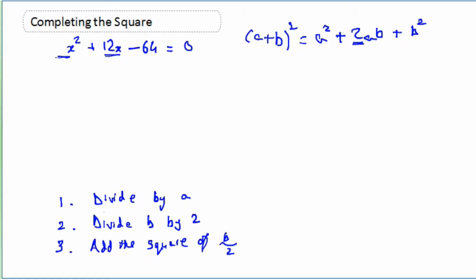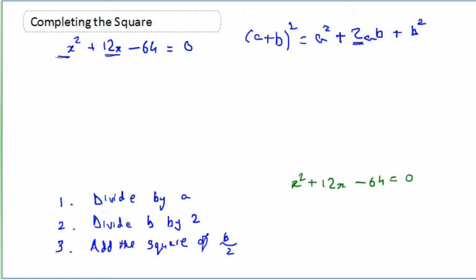Coming down to solve the equation, I'm going to do it visually as well as explain how it is done. So we divide it by a, so the equation remains unchanged: x squared plus 12x minus 64 is equal to 0. We have divided the complete equation by 1. The second step was to take c to the other side of the equation.